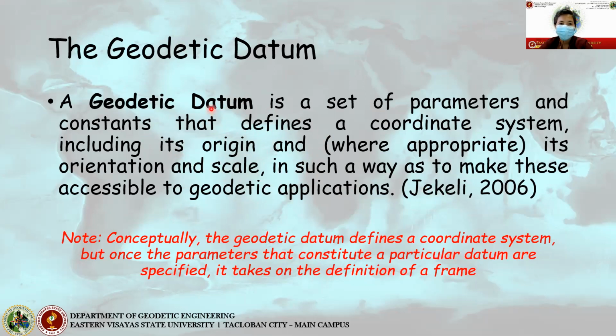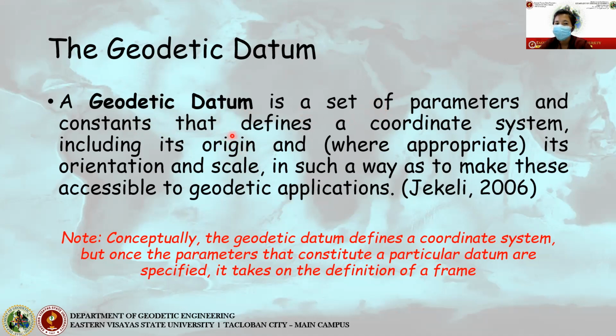He defined the datum as a set of parameters and constants. The parameters comprise the semi-major axis, the flattening of the ellipsoid, and the linear and angular eccentricity of the ellipsoid being used. The constants define a coordinate system, including its origin.